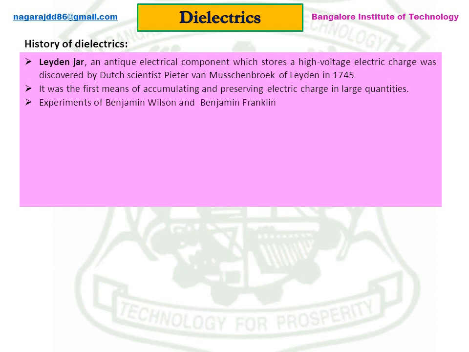Experiments of Benjamin Wilson and Benjamin Franklin in 1749 reported that a thinner layer of dielectric material enhances the charge accumulation. Perhaps this is the first time a dielectric material was used in a capacitor.